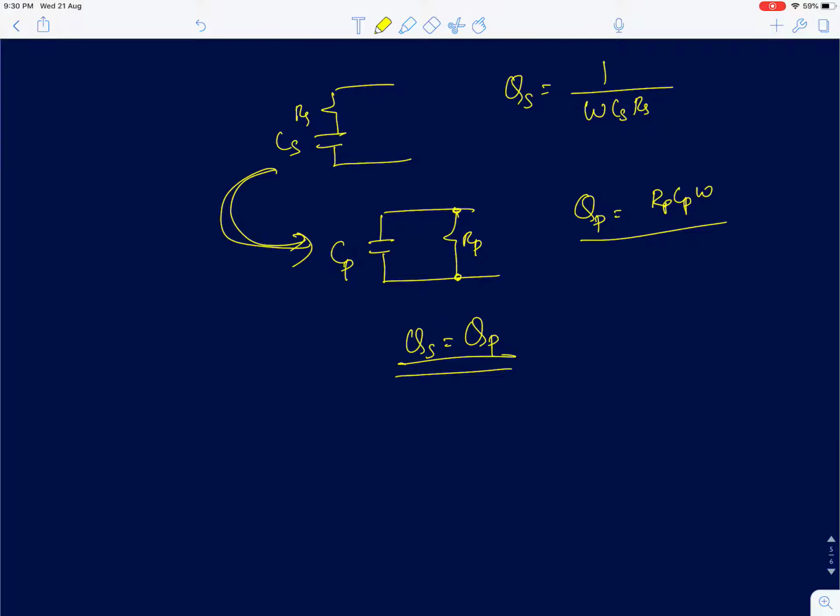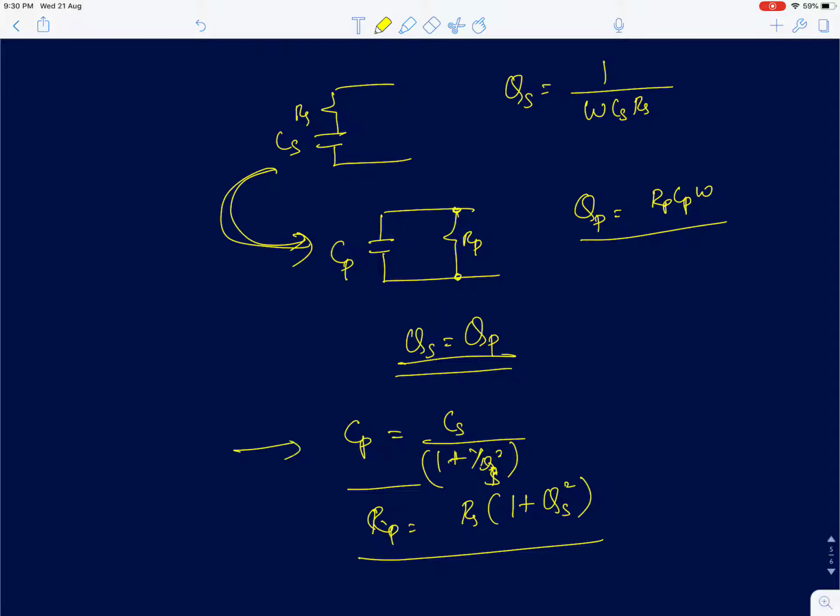And we also showed the conversion relations for CP as CS by 1 plus 1 by QS square, and RP as RS into 1 plus QS square. Again, for an ideal capacitor, RS should be 0.